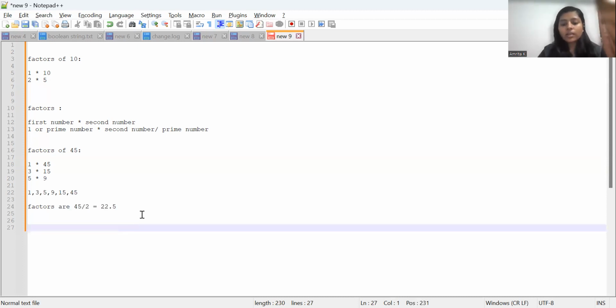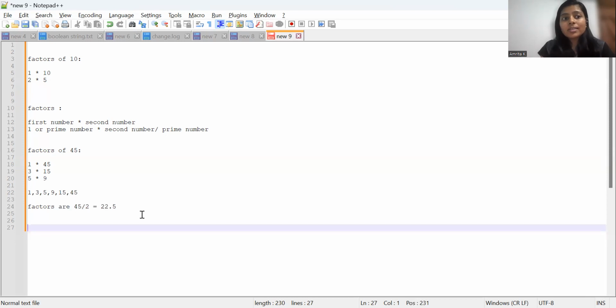Okay? Then I used the word once, multiples. What are multiples? Multiples are the numbers that result when we multiply one whole number by another whole number. Like in this case, we were finding the factors of 45, and we found the factor pairs as 1 and 45, 3 and 15, 5 and 9.